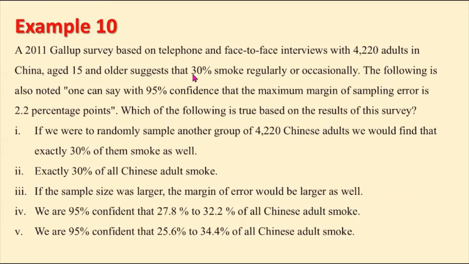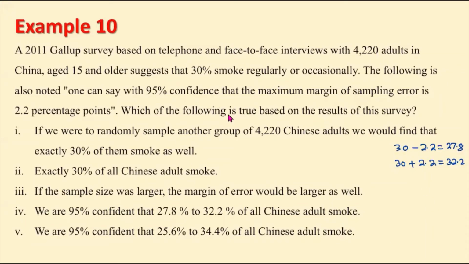So here you have 30%, and if you go down 2.2%, that is 30 minus 2.2, which is 27.8. And if you go 2.2% up, it will be 32.2. That means with 95% confidence, we can say that the proportion of people who smoke regularly lies in this range.